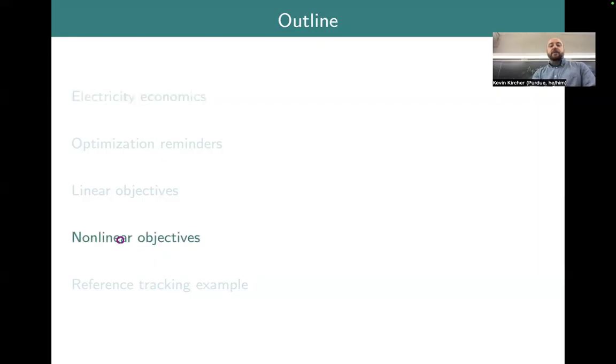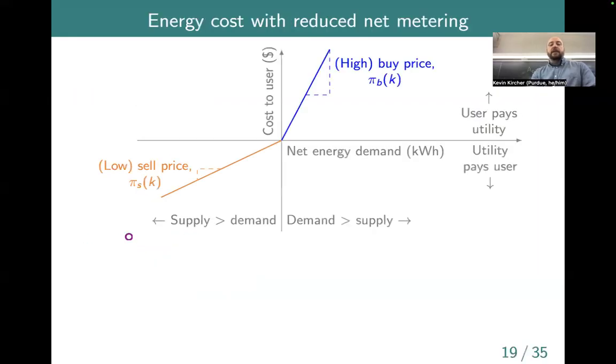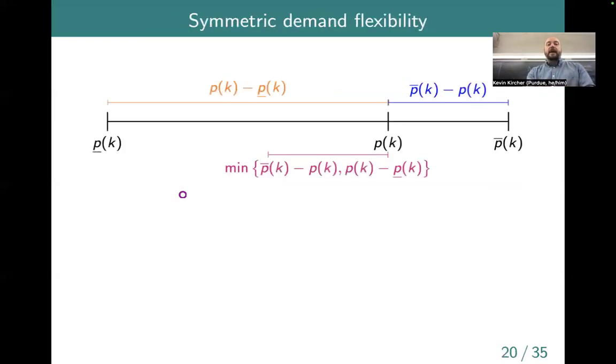And here I'll just go through these quickly. We talked about net metering. If you're trying to minimize energy cost, but you have a different price when you're exporting versus importing power, you might find yourself in this regime. We talked about demand flexibility, and specifically symmetric demand flexibility, which some wholesale grid operators require from DER participants.